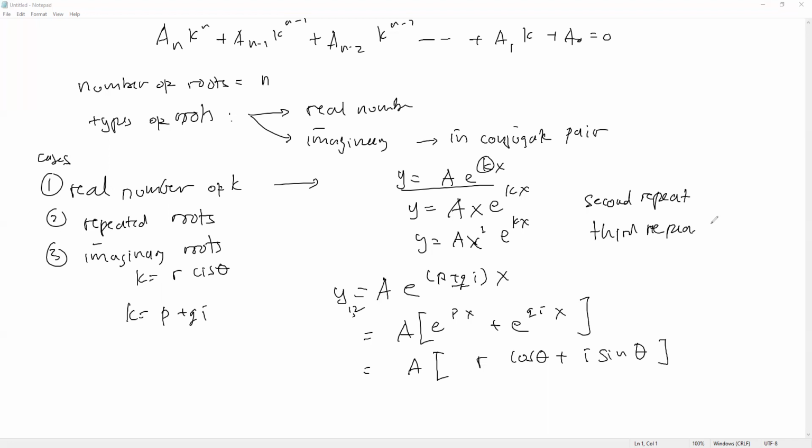It's going to be r cos theta and r sin theta, so we're going to have them here in the form of r cos theta plus r sin theta x.